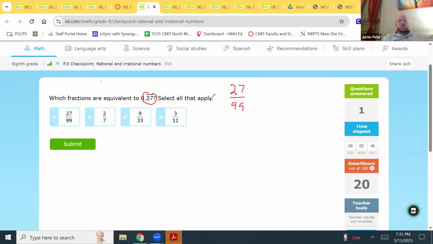So when you have two digits repeating, your denominator is 99. If you had one digit repeating, your denominator would be 9, so like 0.4 repeating is 4/9. And if you had three digits repeating, like 373, that would be 373 over 999. So that's the shortcut.